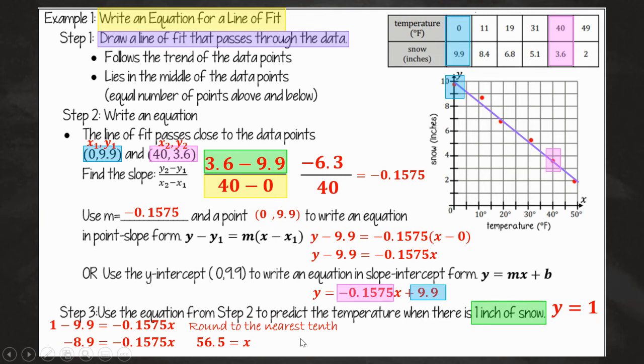So I'm just going to try to be the same. So what did I find? My x value is equal to 56.5. Great. But what does that represent? Well, my x values here are talking about temperature. So it represents the temperature in degrees when there is 1 inch of snow left on the ground.